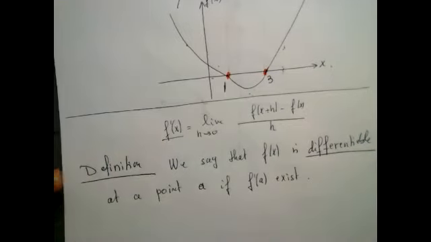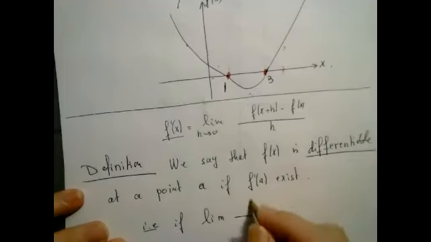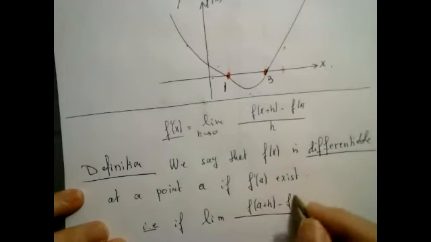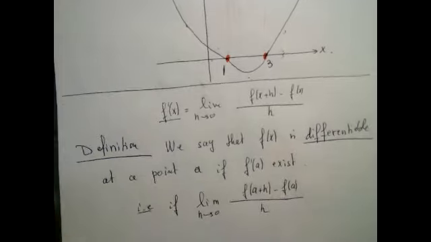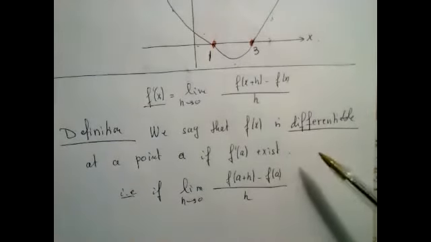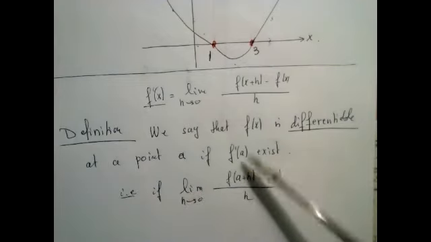What does it mean f prime of A exists? It means if the limit, that's what f prime is for us, if this limit exists. Another question is when this limit fails to exist. All right, so we say that a function f is differentiable at a point A if the derivative at A exists. It means this limit.